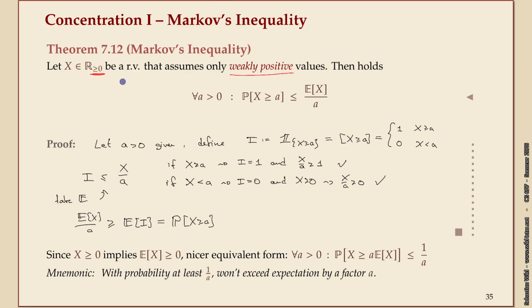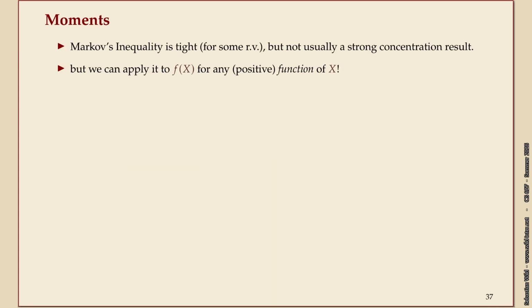Most of the time when you use it, you're not using it on the original random variable of interest, like the running time of your algorithm, but you apply some function on this random variable. As long as it keeps it positive, you can apply Markov's inequality to that mapped random variable. And that's actually much more powerful.